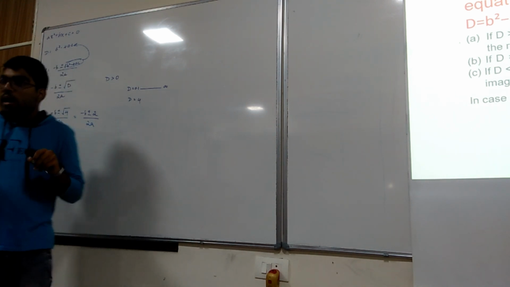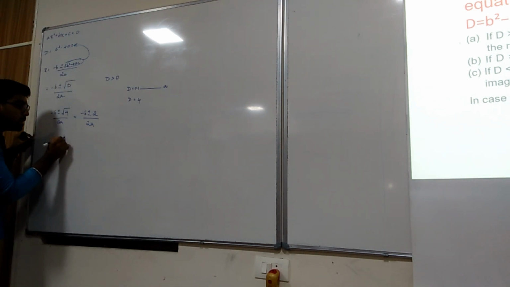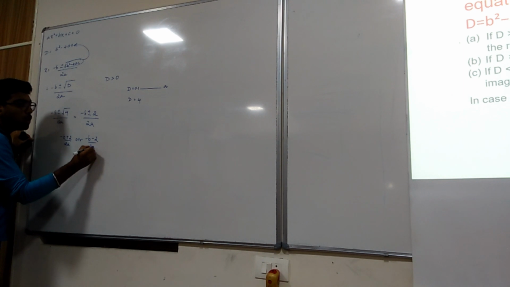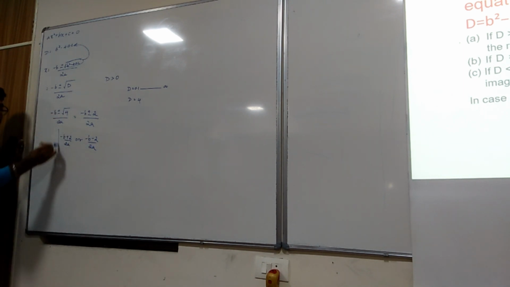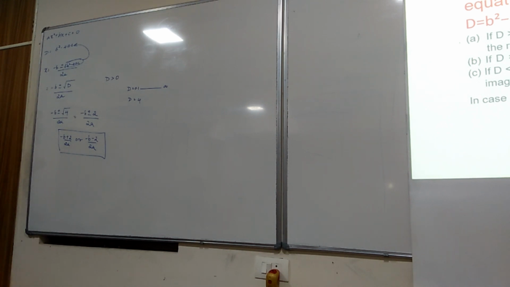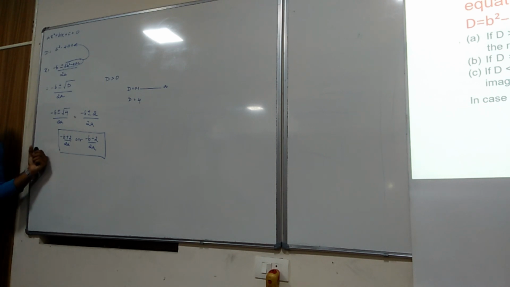What are those two values? Either minus b plus 2 by 2a or minus b minus 2 divided by 2a. Two different values. This is for your clarity. You don't need to write it in notes. I'll give you a formula, and that's enough in the notes. This is for your understanding.